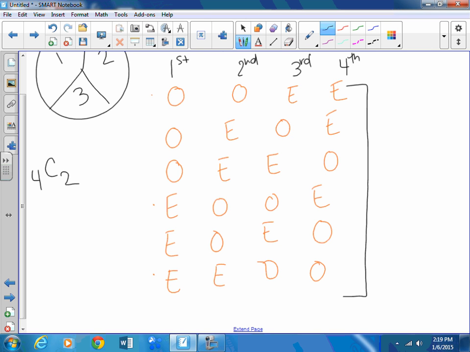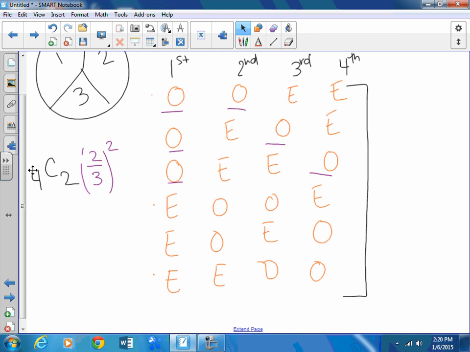And now, in each of these, I wanted 2 odds. Well, the probability of an odd is 2/3. And that 2/3 happened 2 times. So I'm going to have 2/3 times 2/3 in each of these rows, or it would just be 2/3 squared. But then I also have the probabilities of evens.